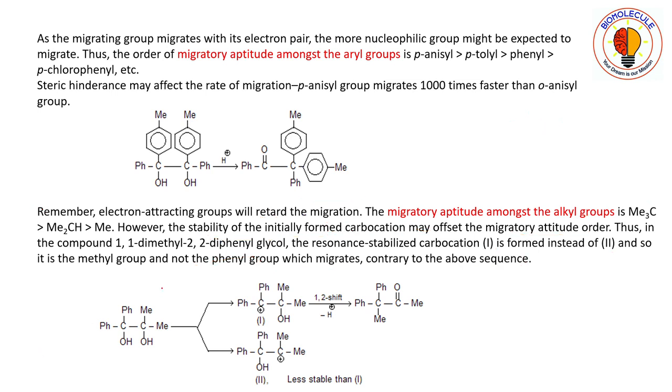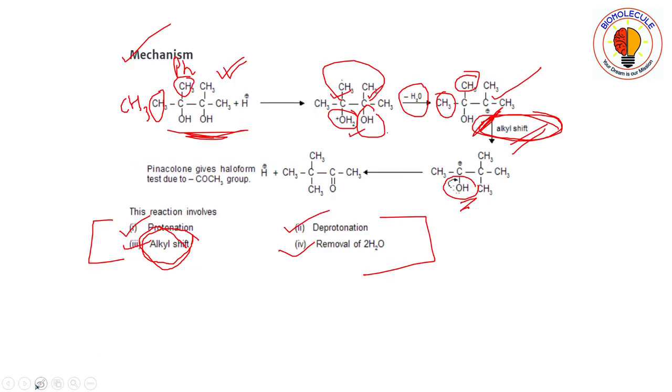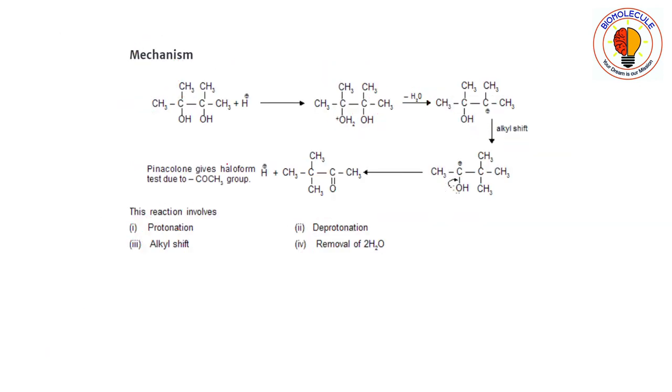So you can see here that first what happens is the formation of carbocation. First the carbocation forms, and after the formation of carbocation this alkyl migration occurs.